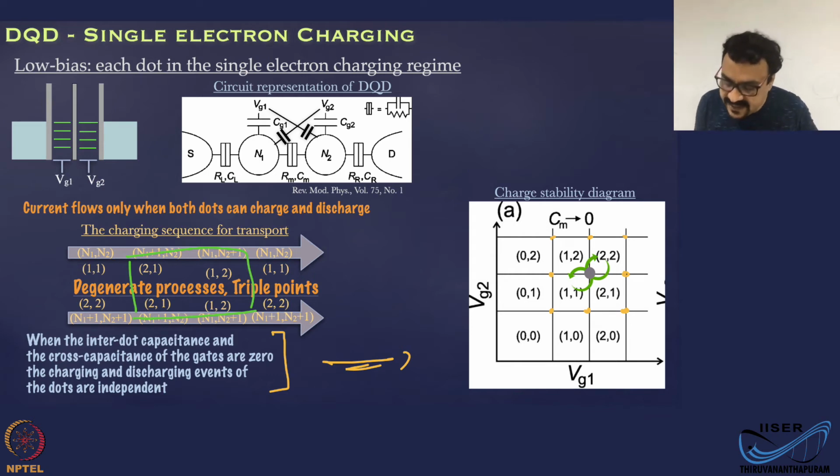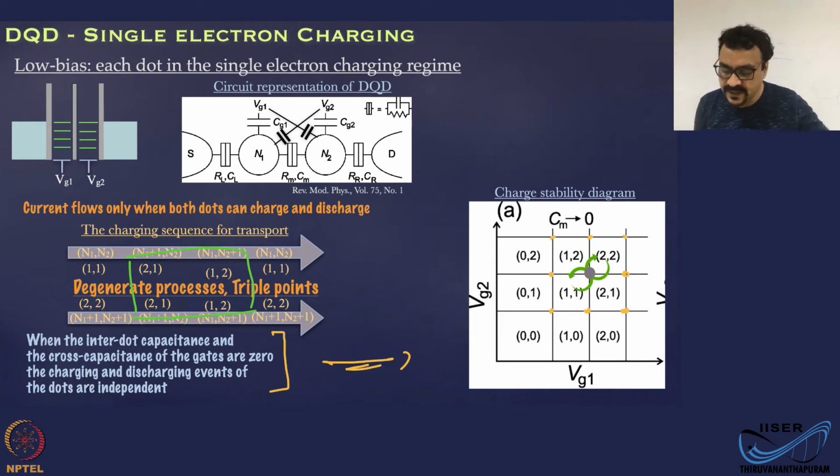So if you take a measurement with VG1 and VG2 varying and apply a small bias, in this specific situation, the gate voltages at which you will get non-zero current will look like a rectangular or square array or lattice. That's what I want to say.